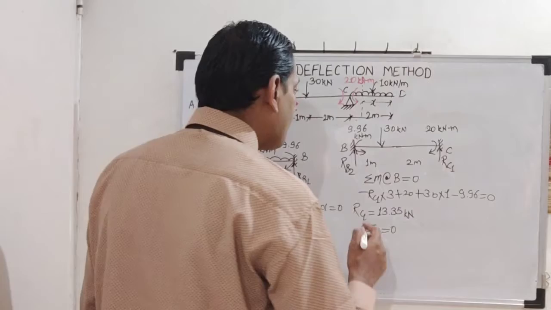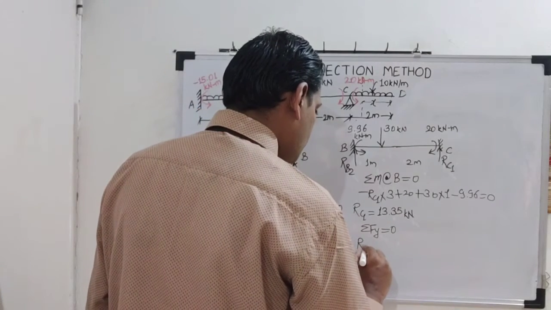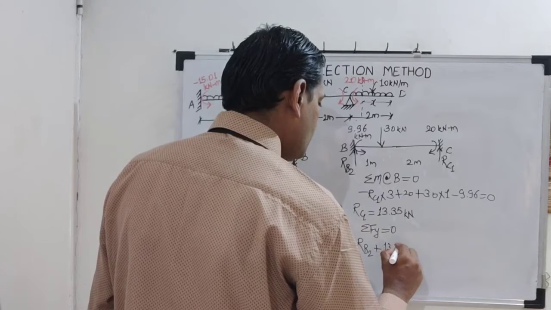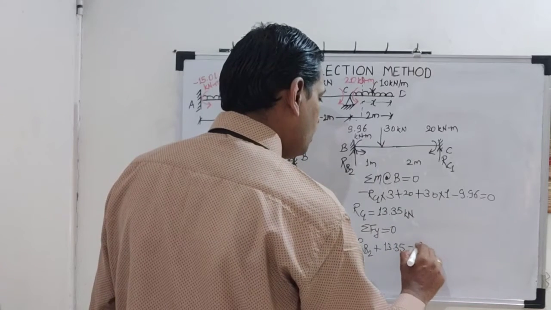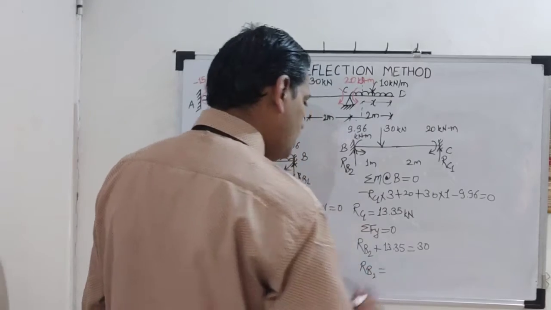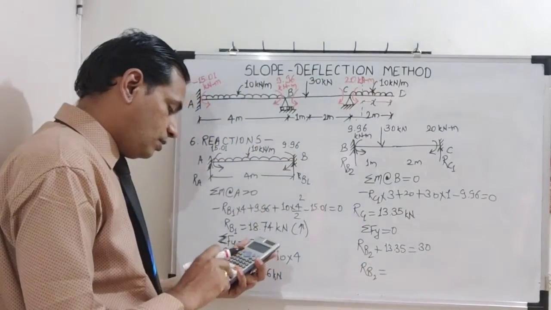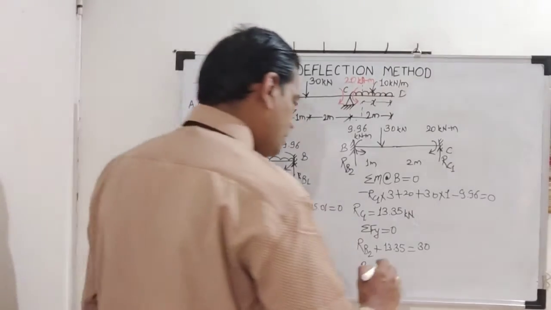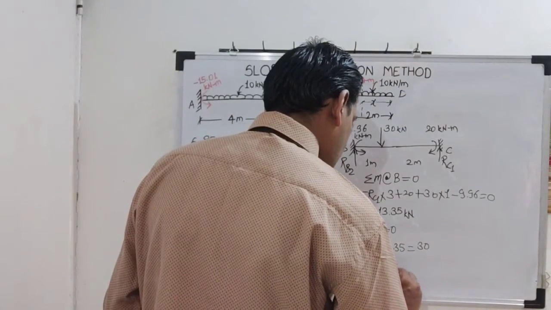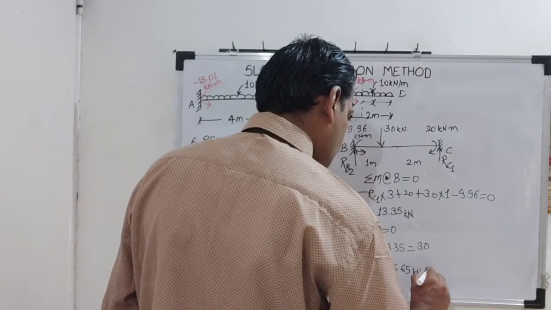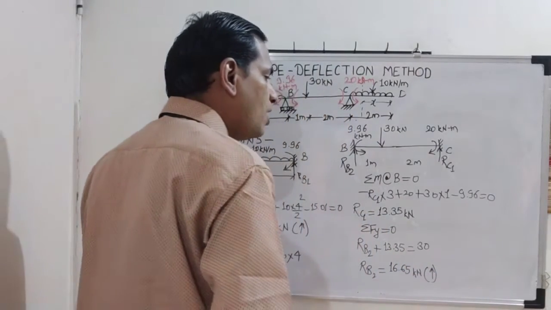So here RB2 plus RC1, which is 13.35, is equal to 30. So subtract 13.35 from 30. Okay, 30 minus 13.35. So it will be 16.65. 16.65 kilonewton. So what will be net RB?